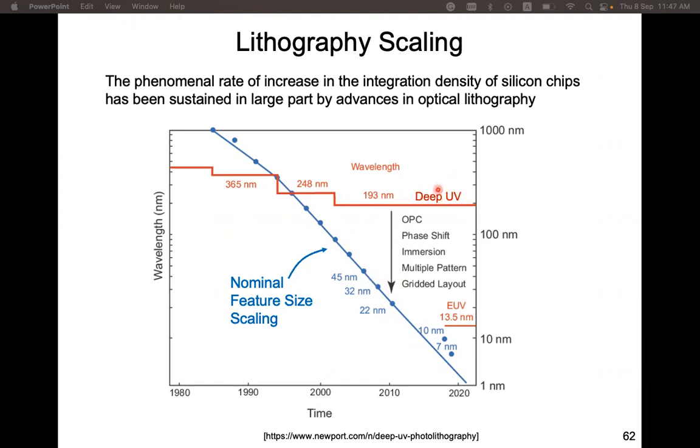They can apply this deep UV technology to 45 nanometer, 32, 22 nanometer technology using so-called resolution enhancement techniques. But the next generation, the newest generation of photolithography light source, is the extreme ultraviolet system, EUV. In this chart, this blue curve represents the nominal feature size scaling.